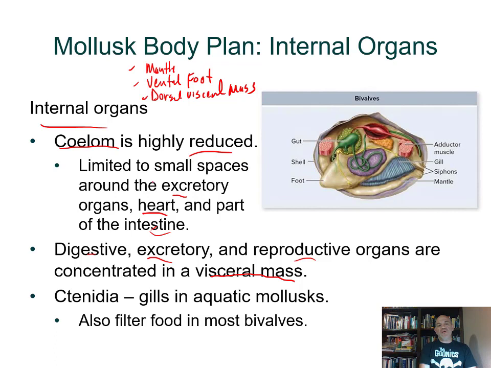Okay? So the mollusks that are aquatic are going to have gills, and those gills are called ctenidia. The c is silent. Ctenidia is their gills. And in many cases, if they're filter feeders, like clams, they don't even look like they have a head. It's like they totally lost cephalization there. They just pass water through their mantle cavity, and their gills secrete a mucousy material that captures food particles.